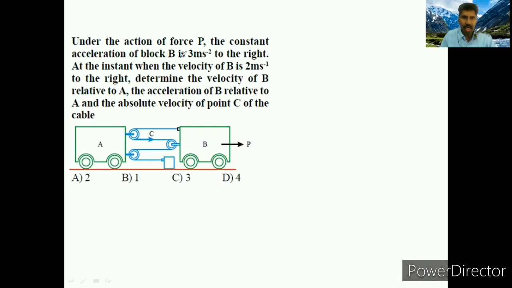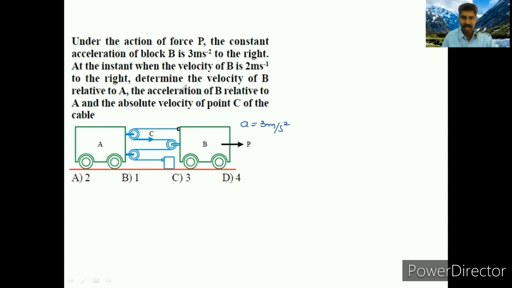Under the action of force P, the force is applied at a constant acceleration of block B, which is 3 meter per second square. Here it is going with an acceleration of 3 meter per second square to the right.